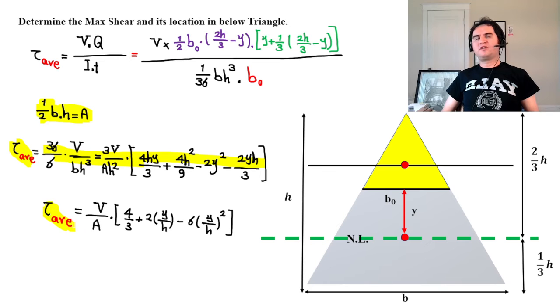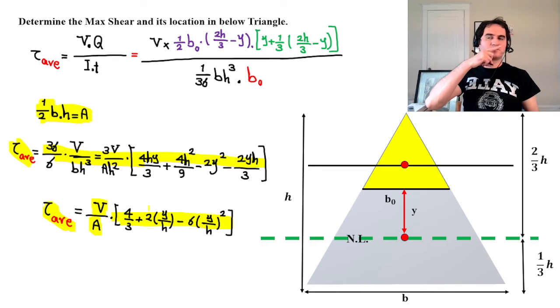And if you simplify that equation, it gives you tau average is V shearing force over the entire area for the entire rectangle, not only our element, times this equation based on h and y.